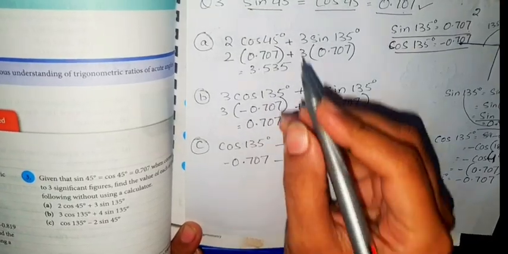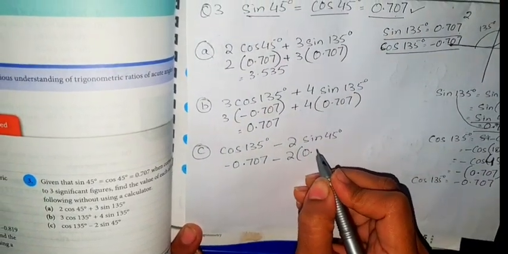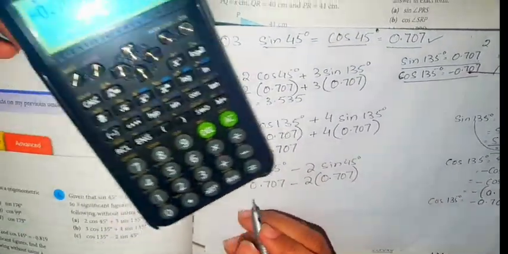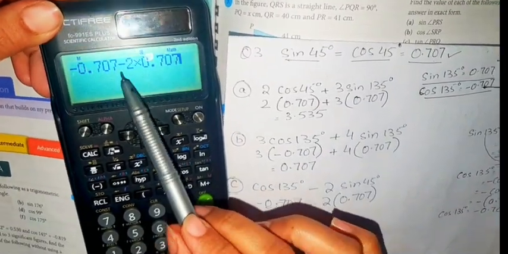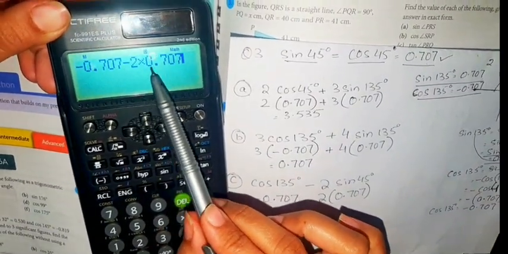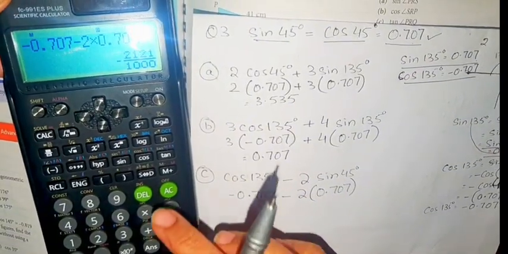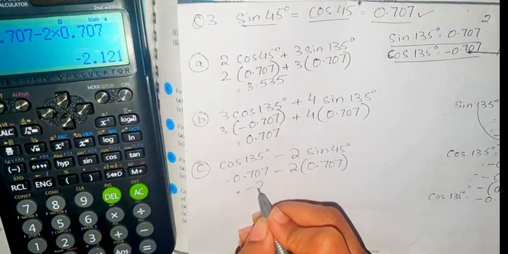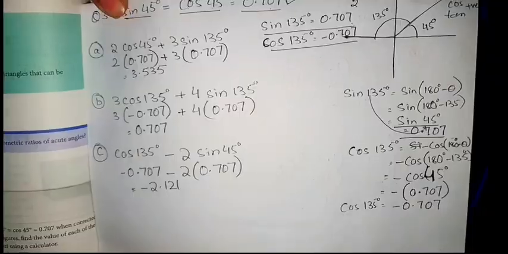Minus 2, and sine 45 is given in the question, that is 0.707. Now just put these values in the calculator. Minus 0.707 minus 2 multiplied by 0.707 equals minus 2.121. So this was part C.